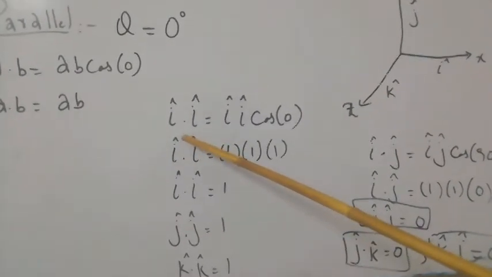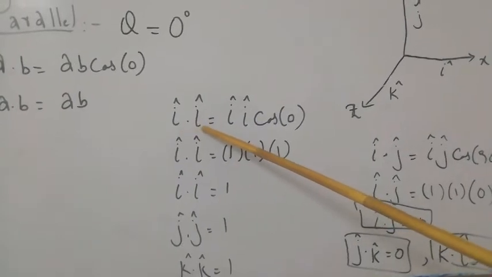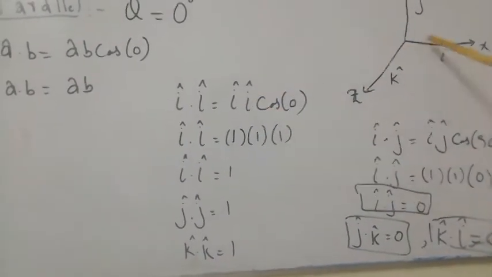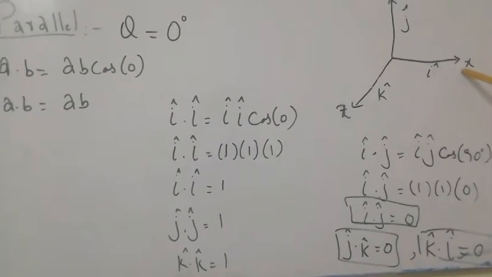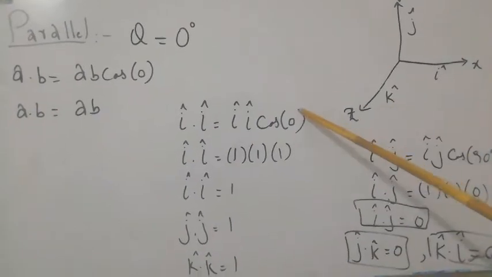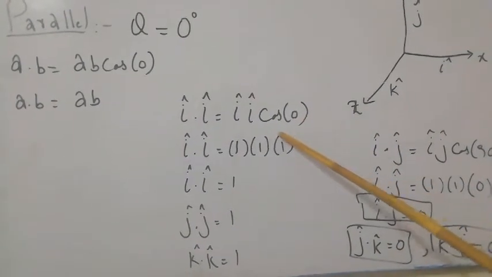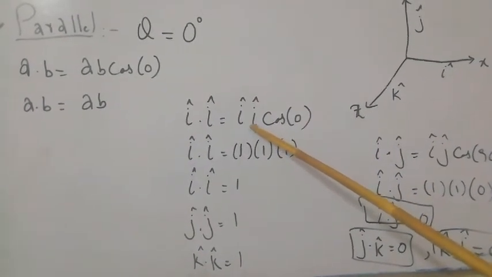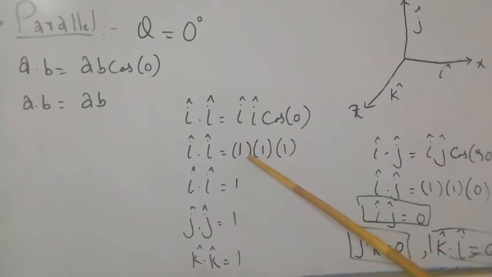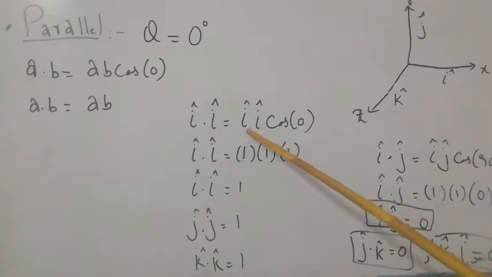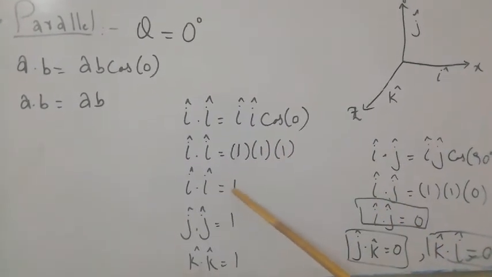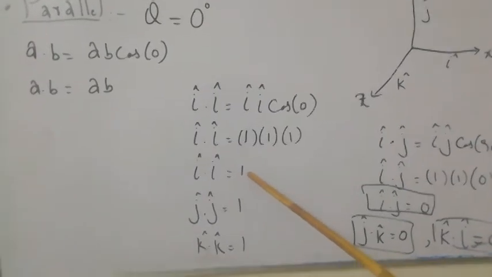Here, when two same unit vectors multiply, that is i multiplied with i, both are on the same axis, meaning the angle between them is 0 degree, that is parallel, then cos 0 is equal to 1, and the value of a unit vector is also 1. So we put here the value of i, that is 1, because it is a unit vector, and cos 0 is also equal to 1. So i dot i will give you 1.